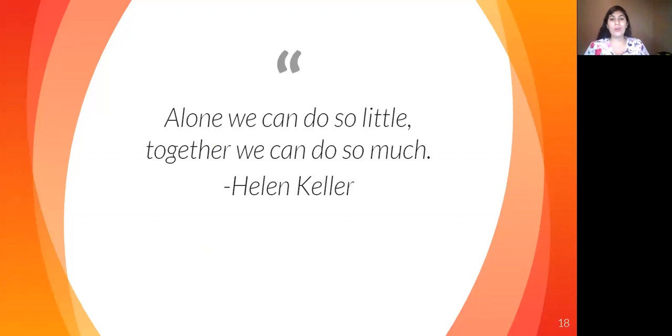As you notice, everything kind of functions together. I have this really famous quote that says, "Alone we can do so little, together we can do so much." And this is by Helen Keller. I thought this quote fit perfectly to what we're talking about, because as you can see, the heart and blood vessels work together to get blood and oxygen throughout your entire body.